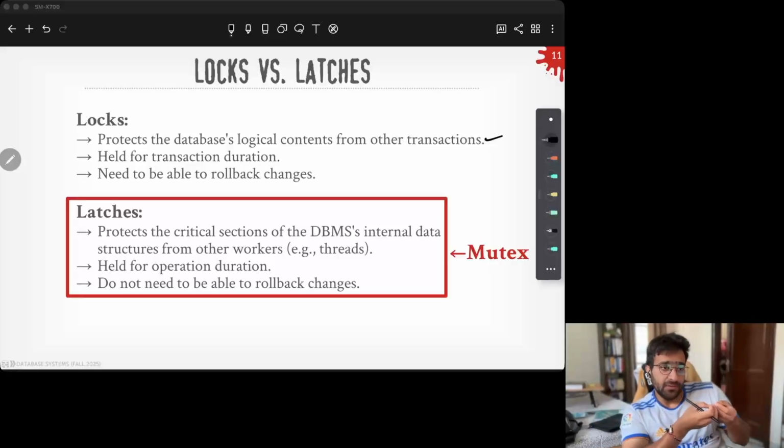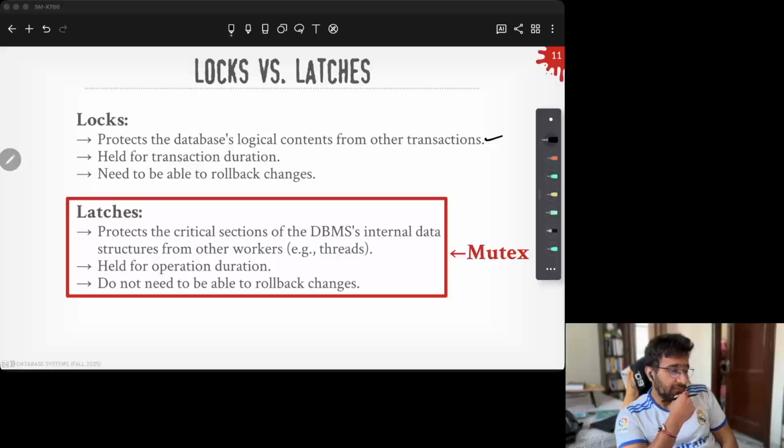But on a higher level, in the execution engine, you have a notion of a table, a tuple, and a record. So if you have multiple transactions running and they are trying to modify the same tuple or the same table, then you need to maintain this concurrency control mechanism, the locks, that protect the logical structure so you don't end up in an inconsistent state.